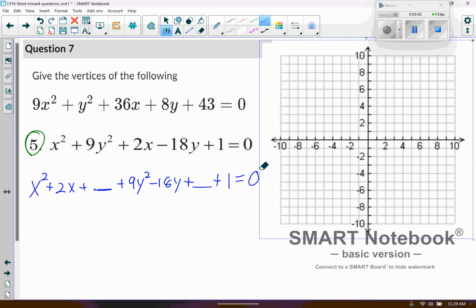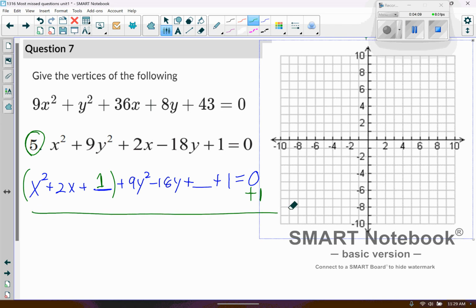Now, I kind of ran out of room there, but you have to be careful because whatever you do to one side, you have to do the other, or you have to somehow nullify what you introduce here. So on the first one right here, you take half of this and square it, which would be a 1. So if I add 1 here, I can add 1 to the other side if I want, or I need to subtract 1 from my current side. I'm just going to go ahead and add 1 to the other side also.